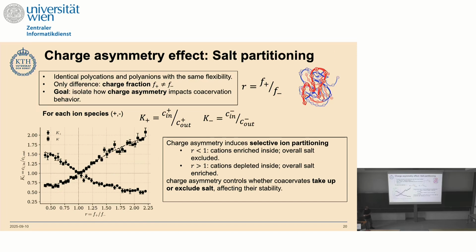So one of the things that I was interested in was the salt partitioning part. When we add salt into these systems with charge asymmetry, what happens to the salt partitioning? Because this is the point where different theories have different predictions. Actually, I was confused. I even talked to Mehdi about it.